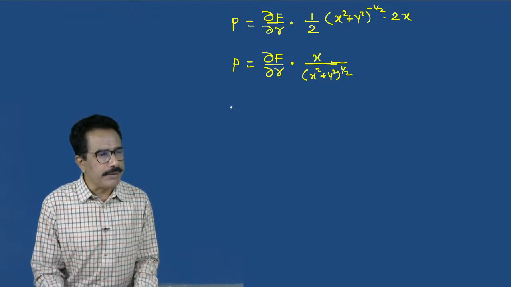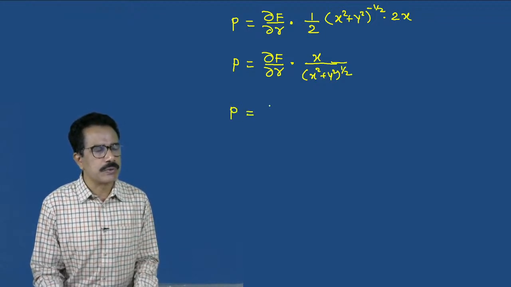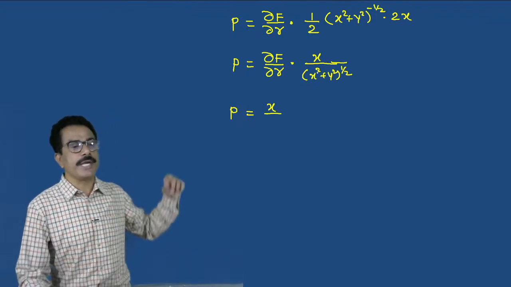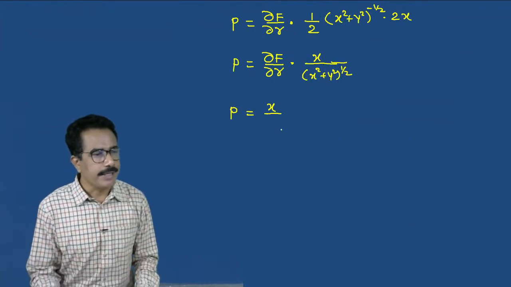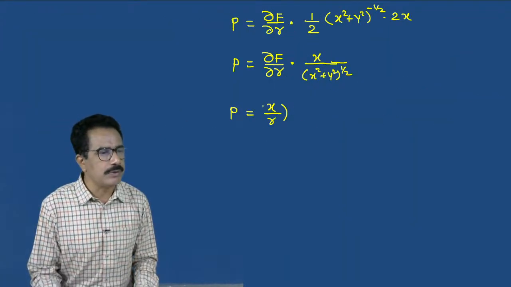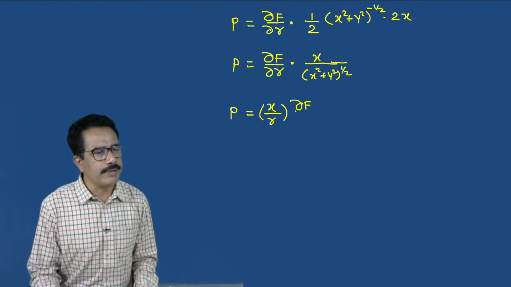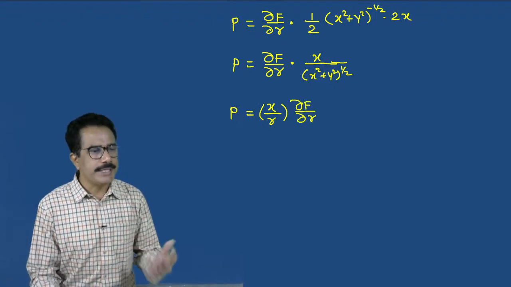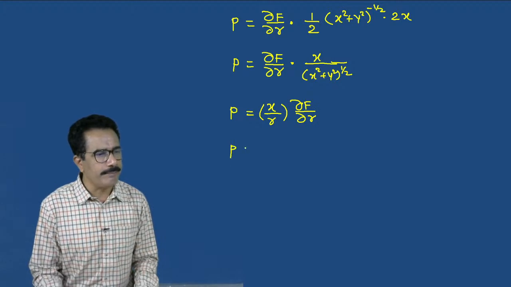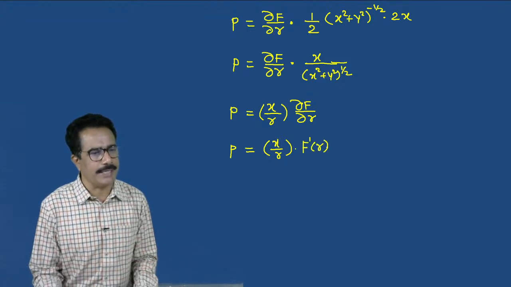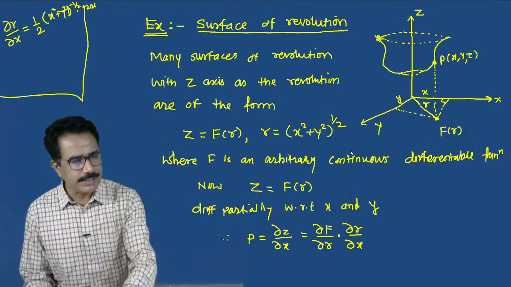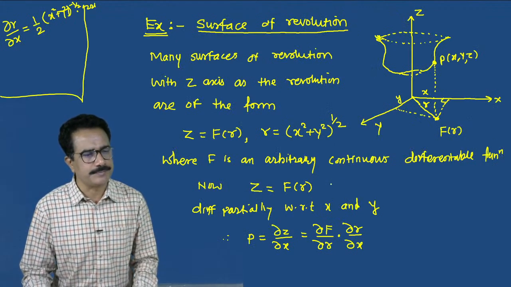This is r, so p is equal to x divided by r into dou f by dou r. So it is also denoted by p is equal to x divided by r into f dash of r. Suppose this is equation number 1.